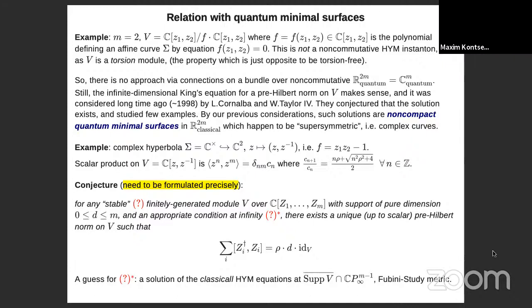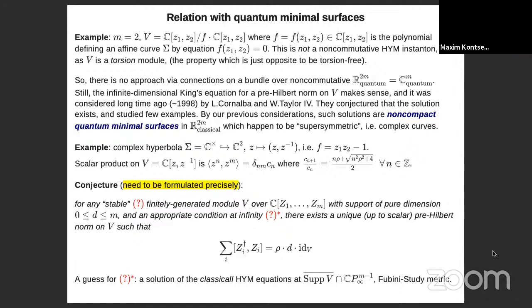You take the hyperbola given by the product of two coordinates equal to 1, parameterized by coordinate z. So the algebra of functions has a basis consisting of monomials z^n, where n is an arbitrary integer, positive or negative. And if you write the equation, they are orthogonal to each other and have unknown scalar lengths, then this equation gives you a nice recursion. You get pretty strange expressions, but it solves this equation.